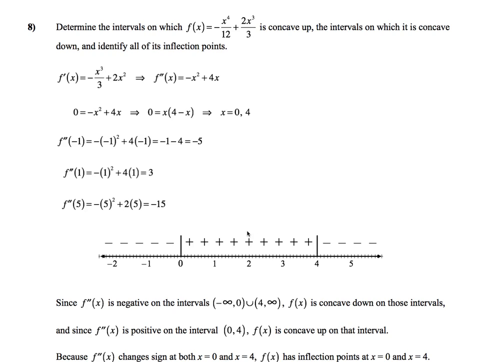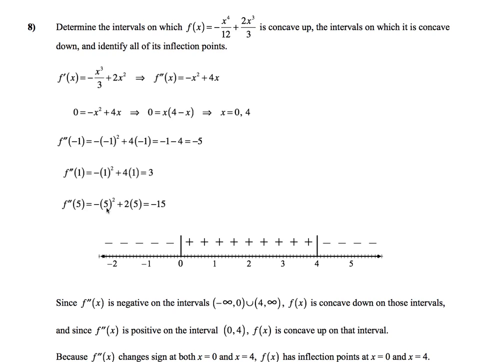And in this interval, I chose 1, what could be simpler than 1. 1 squared is 1, but it's negative 1. 4 times 1 is 4. Negative 1 plus 4 is positive 3. So on this entire interval, the second derivative is positive. And then finally, to the right, or greater than 4, 5 seems like the easiest value to substitute in here.